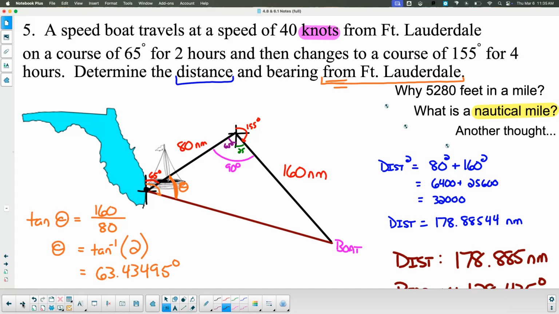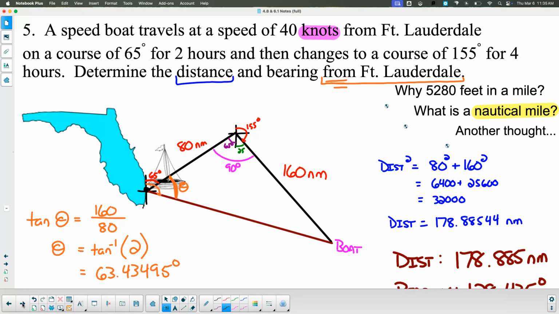We use 65 up here because north-south is parallel, cut by a transversal, means that they're alternate interior angles. This angle just happened to be 25 degrees because we turned to a course of 155 degrees. We made it nice for you for your first one.